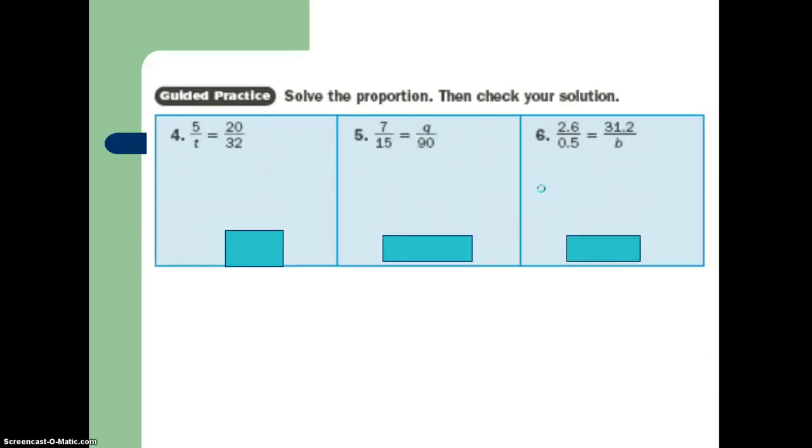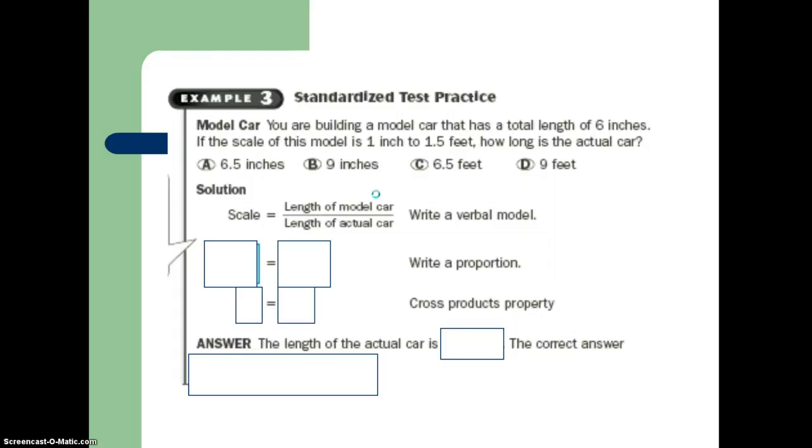Please try 4, 5, and 6 if you haven't done so already. 32 times 5, 160, equals 20 times t. Divide by 20. t equals 8. Number 5: 7 times 90 equals 630, set equal to 15 times q. Divide by 15. 42 is your answer.